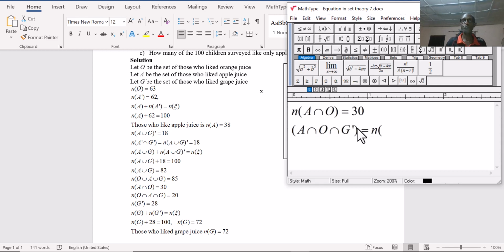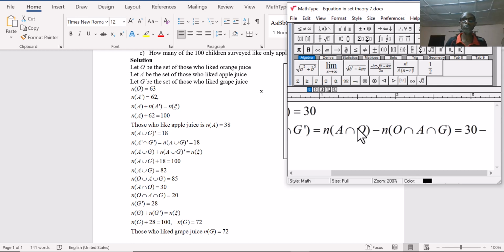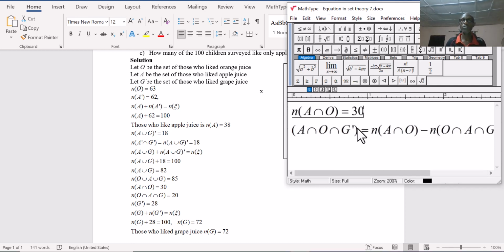So that's A intersection O minus A intersection O intersection G. So this one, that's 30 minus 20, which is equals to 10. So I need to clean this.